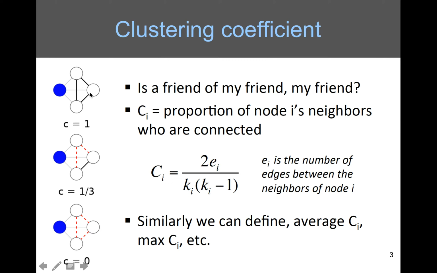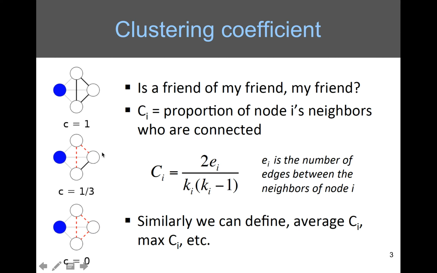And true enough, these three other nodes all seem to be friends with each other. So there's a total possibility of three edges, and true enough, there are indeed three edges between those three nodes. So the clustering coefficient, as far as this node is concerned, is 3 divided by 3, which is 1.